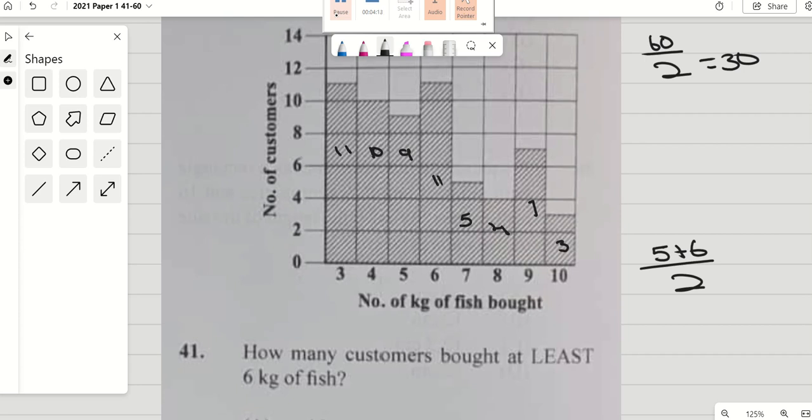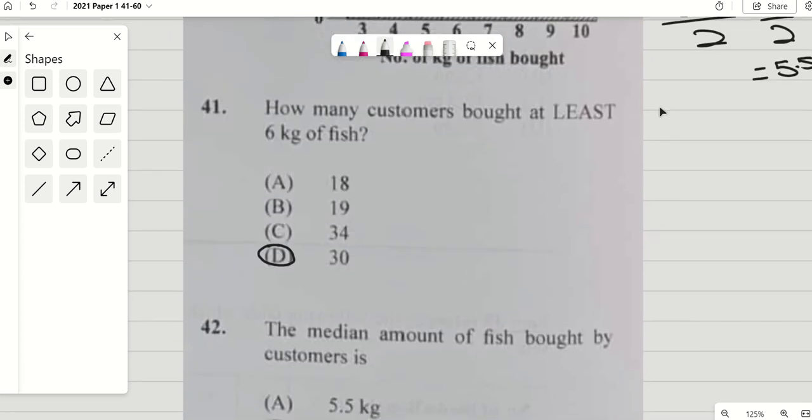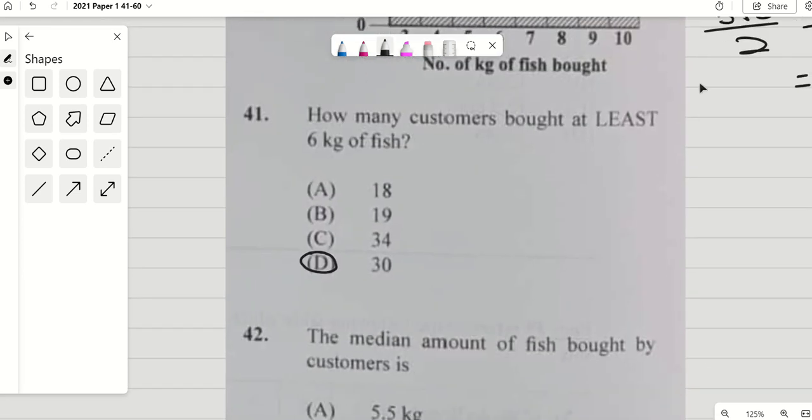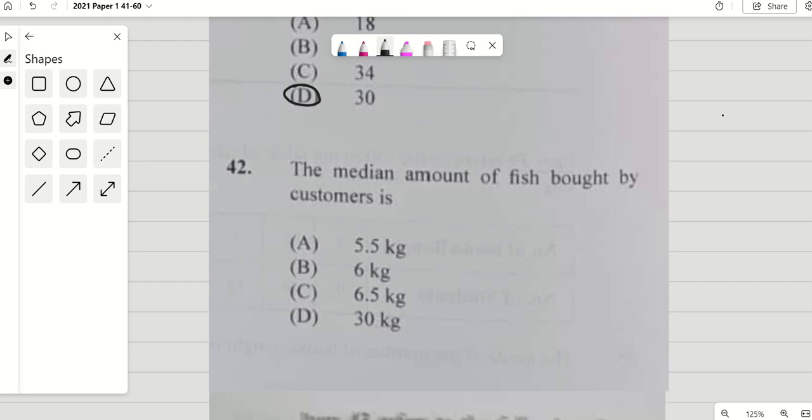So 5 plus 6 is 11. 11 divided by 2 is equal to 5.5. So my answer for this question is 5.5 kgs. That's how I would get the answer for this. A is your answer.